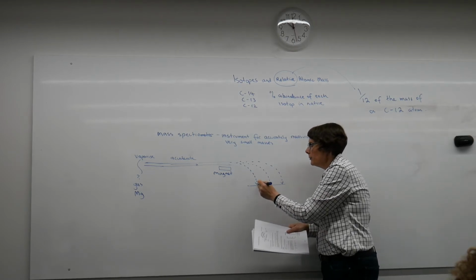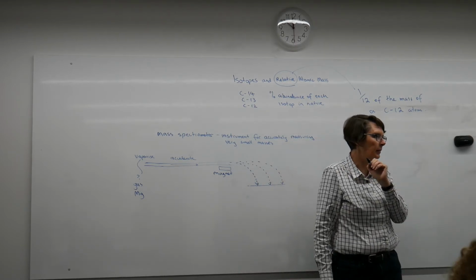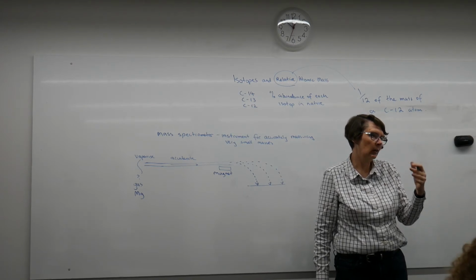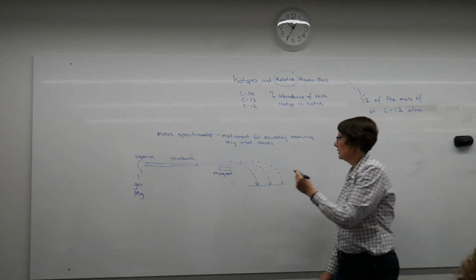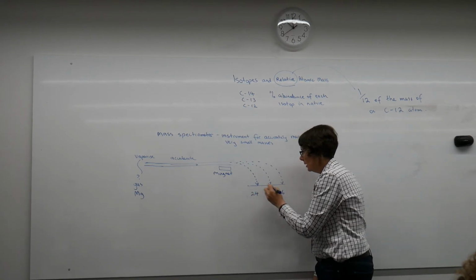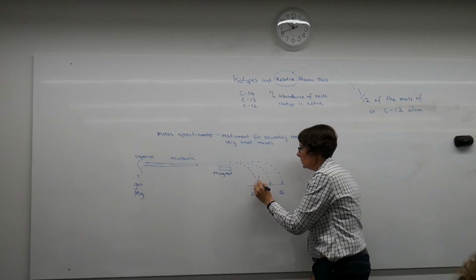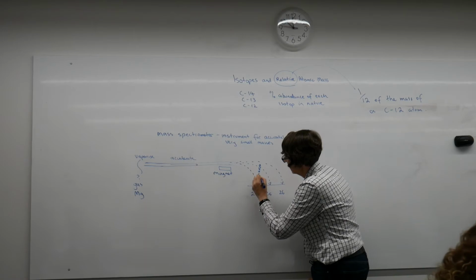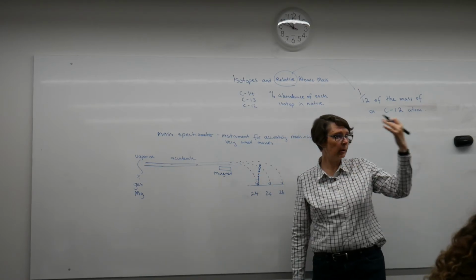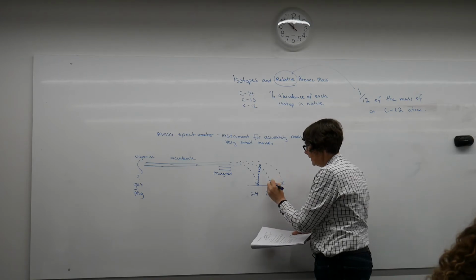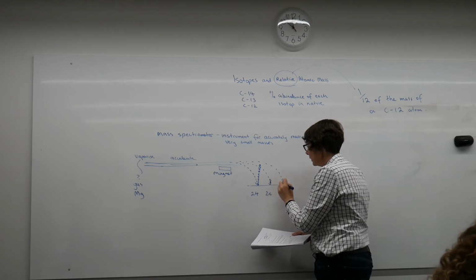And the frequency with which they hit at that particular point is going to tell us the relative abundance. Okay, so this is 24, 25, 26, and you know, this one's going to get hit a lot. So we end up with quite a tall peak there at 24. We have a smaller peak at 25 and 26.